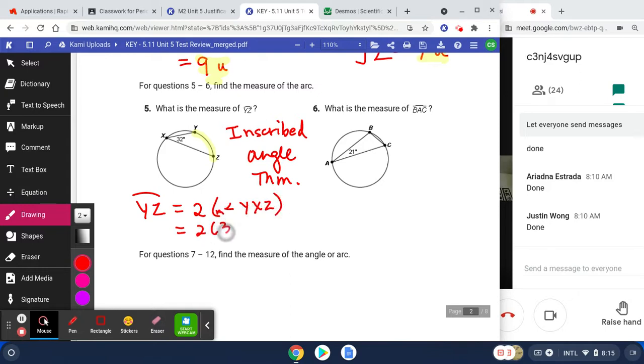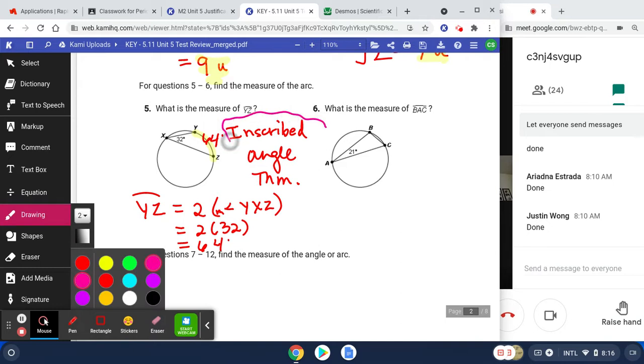So I have to double the 32. So I get 64 degrees for the measure of that arc. And doesn't it kind of look like a big intercepted arc compared to a little tiny angle? So it makes sense that if I'm starting inside and going out, it should get bigger. And if I'm starting outside and moving in, it should get smaller. That answer is 64 degrees.